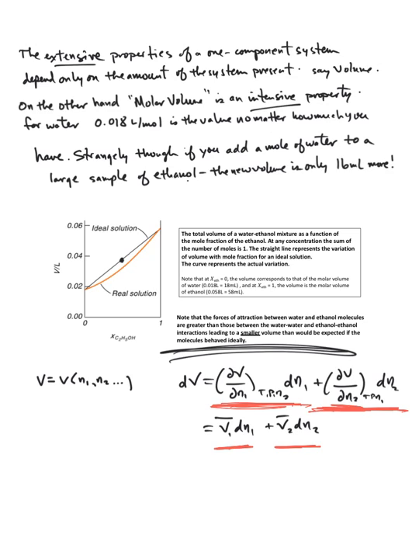That would be if there was a change. For an absolute amount, you're just saying that the total volume V is going to be however much you have of component 1 times its partial molar volume, plus however much you have of component 2 times its partial molar volume, or its contribution to the whole in this particular mixture.